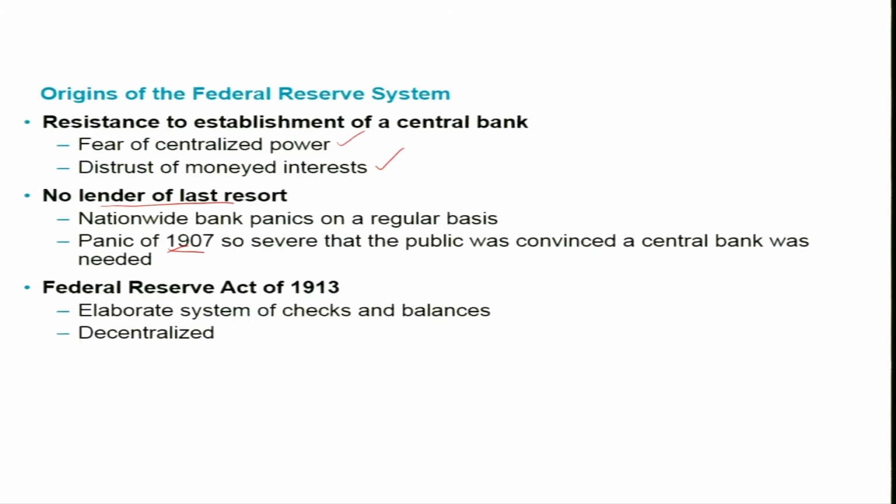Accordingly, the Federal Reserve Act of 1913 was passed. It was mainly an elaborate system of checks and balances, covering how to control the banking system and the financial system, and how to ensure monetary and financial stability in the country. The act proposed a decentralized structure, unlike a single central bank.